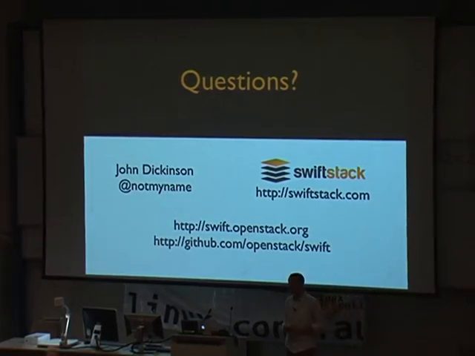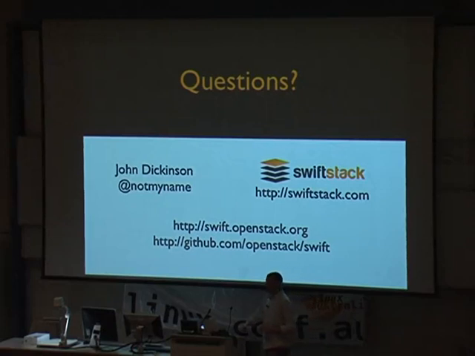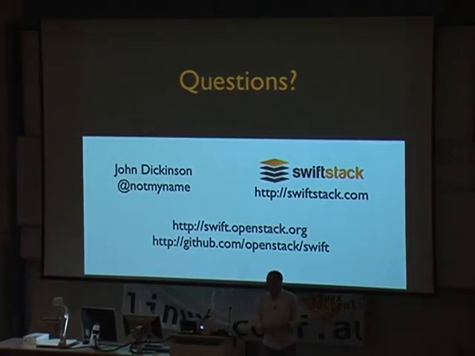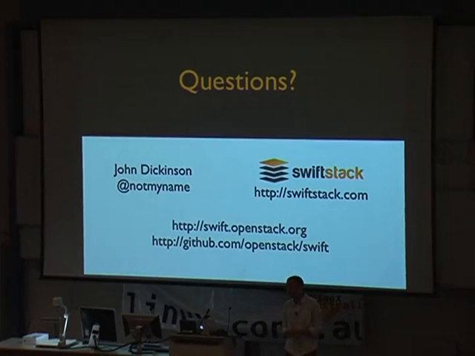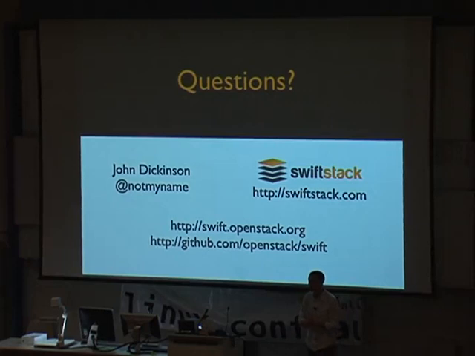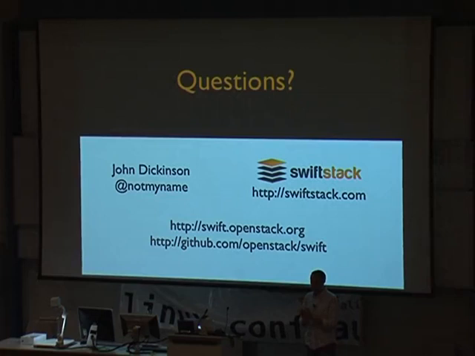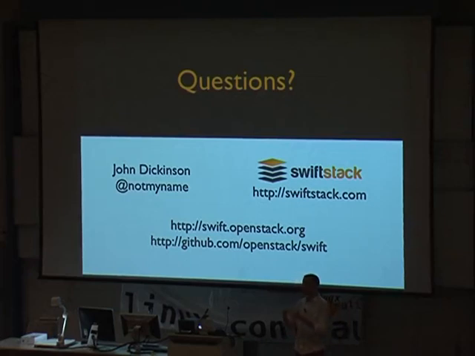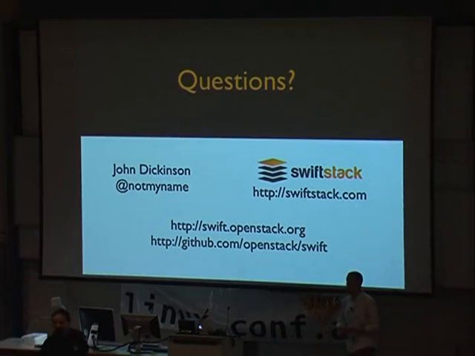Questions? What's the minimum number of physical nodes to actually run a real production deployment? I know you probably have DevStack or whatever for OpenStack, but for an actual production, what's the minimal number? I would recommend that you have at least 2 so you could suffer the loss of one of them. But if you look at nodes as servers rather than hard drives, you could run with just one server with multiple hard drives in it.